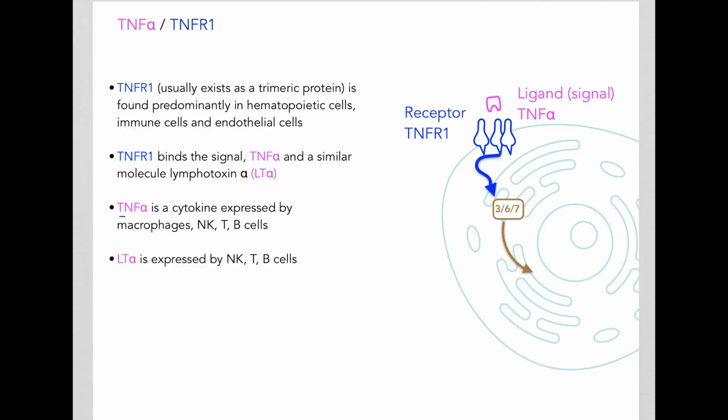The ligand TNF-alpha is a cytokine that is expressed by cells such as macrophages, natural killer cells, and T and B cells, while lymphotoxin alpha is expressed mostly by NK, T, and B cells. So from this you can see that this combination plays a very important role in the immune system.